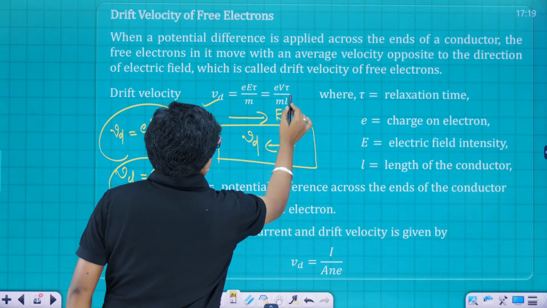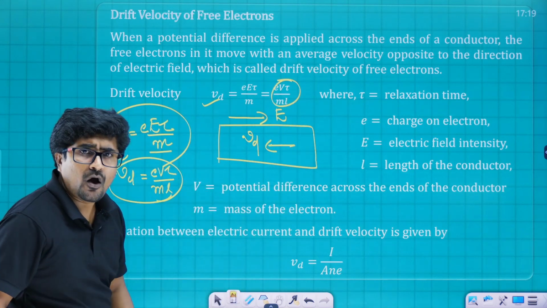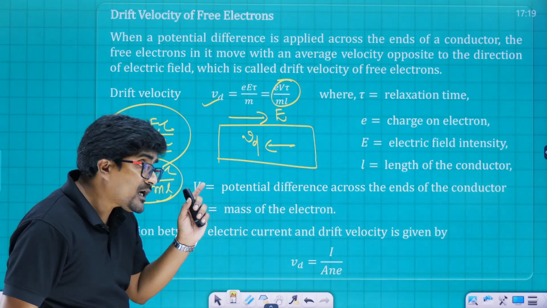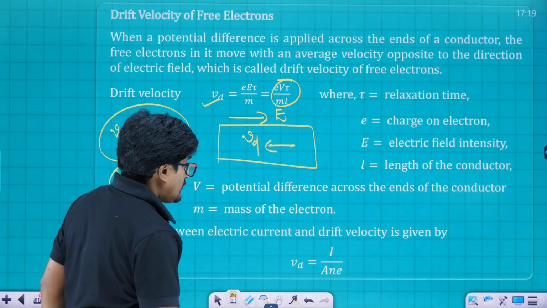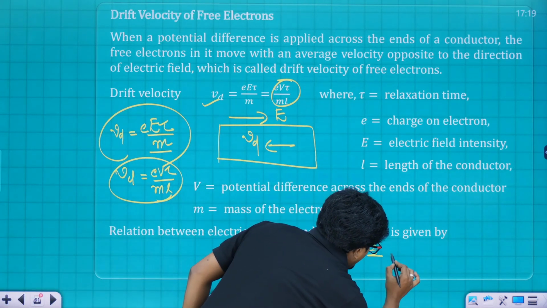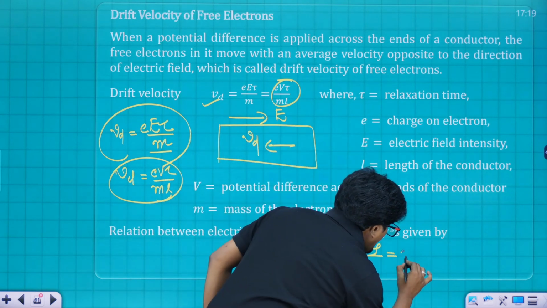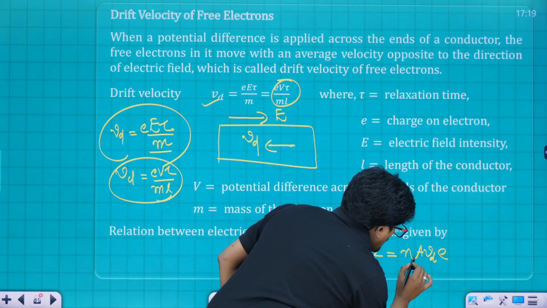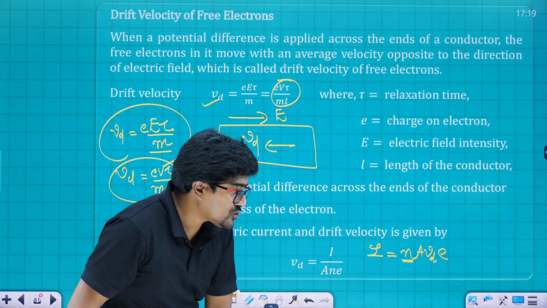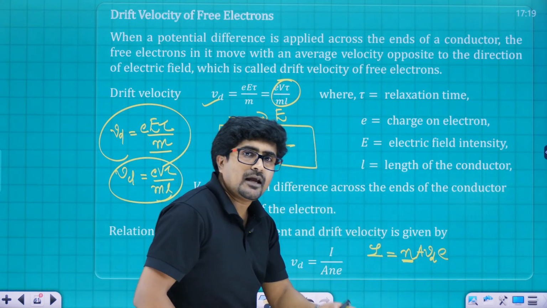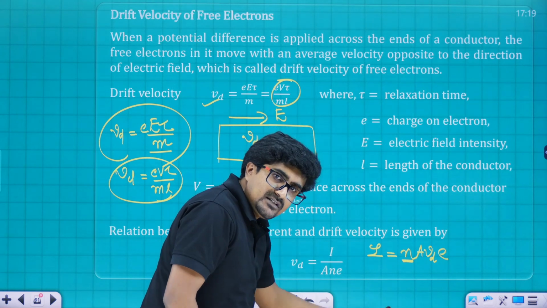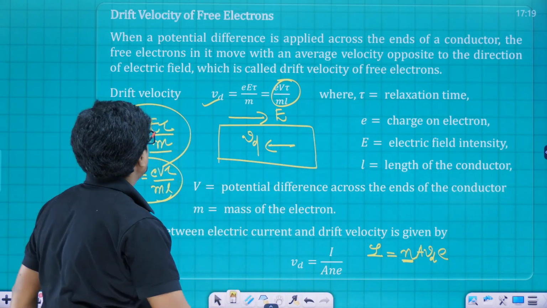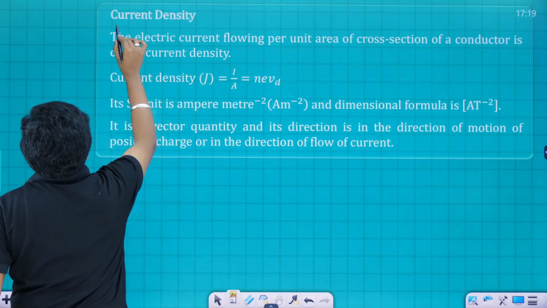Now if you want to express the current flowing across the conductor in terms of drift velocity, then that expression I is equal to N into A into V suffix d times e, where N stands for the number of free electrons per unit volume, A stands for the area of cross section, V suffix d stands for drift velocity, and e is the charge of electron.